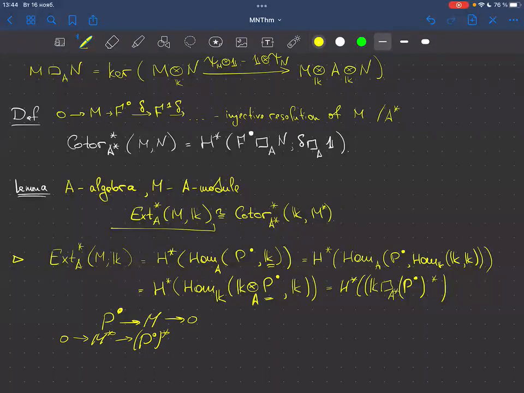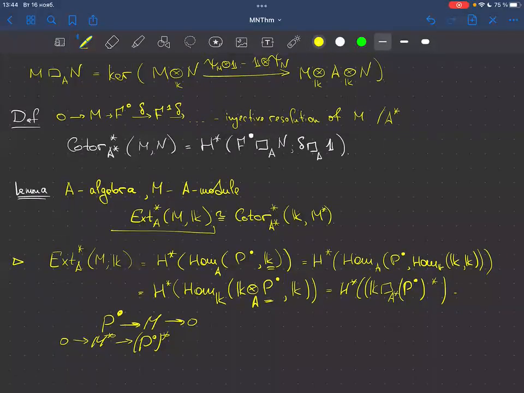So let's see what is written here. Yeah, it's true. And this is already Cotor as we wanted, to M.